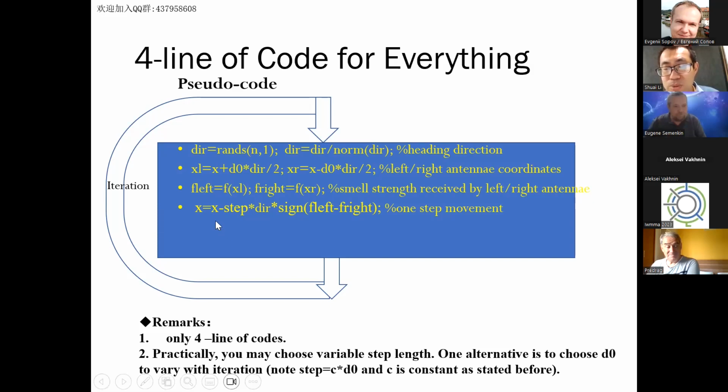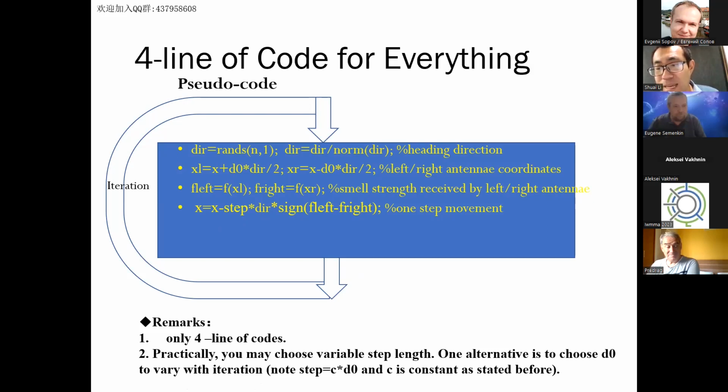The basic rule for this step length is that we can exponentially update it so that the step length is geometrically reducing, by setting the original step length to be super big.